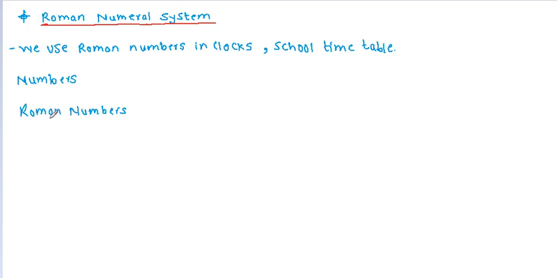We use numbers 1, 2, 3, 4 and so on. For each number we will see how Roman numbers are written. For 1 in Roman we use capital I. Whenever there is an I in the Roman numeral system, it represents 1.